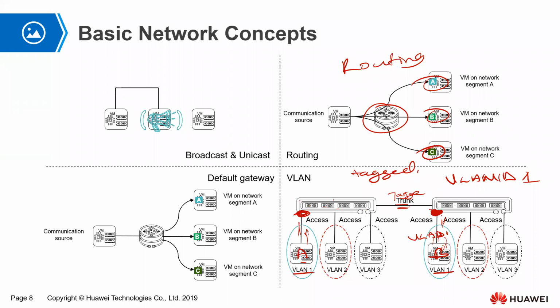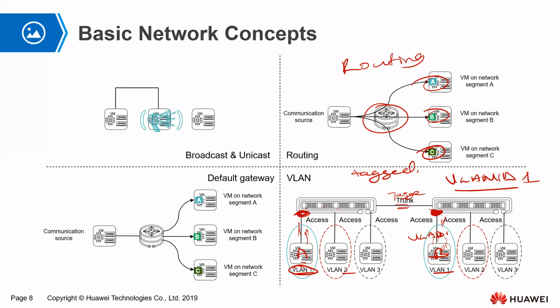Now, when this interface receives, remember it has been tagged, right? Our ID is 1. It has been a tagged frame. So when this interface receives a tagged packet, what is it going to do? It's going to look and see, is this the same as my VLAN 1? If it's the same as VLAN 1, it's going to receive the packet. If it has ID 2 or 3 or whatever, it's going to discard the packet.